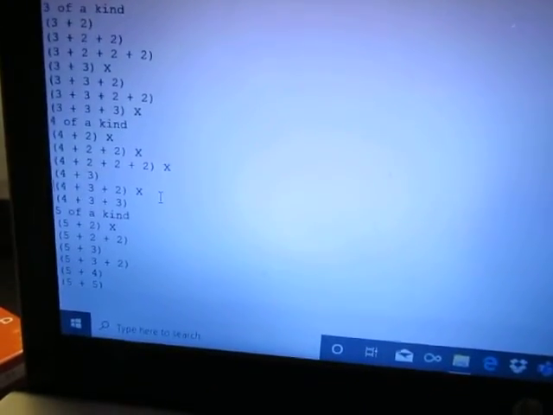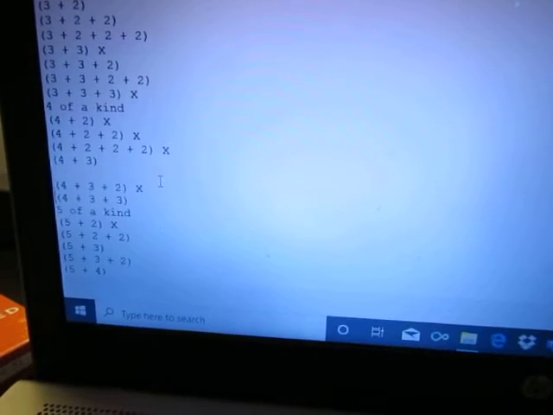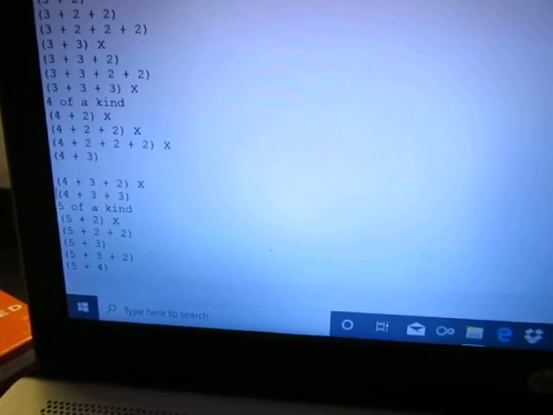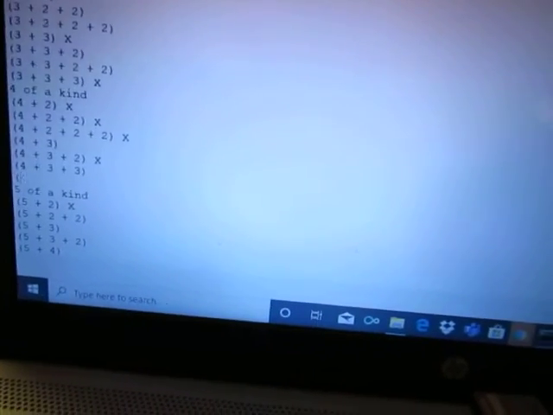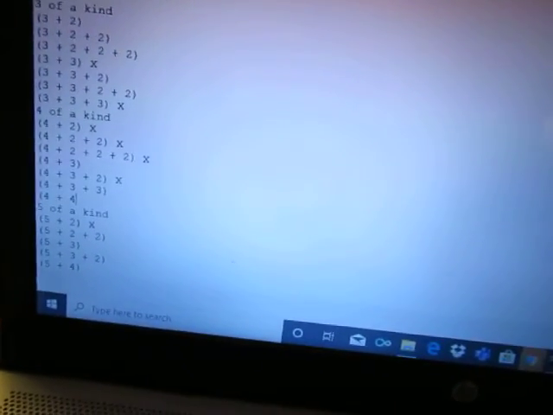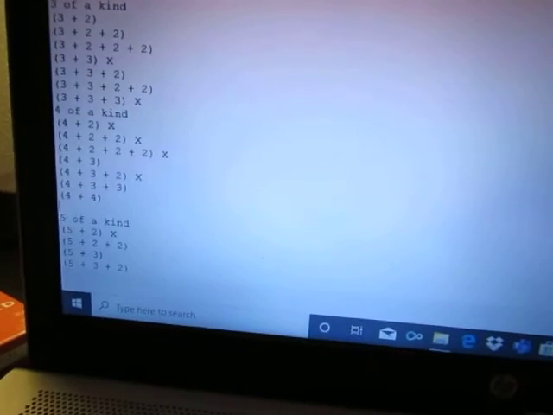Okay, there's another 4. So we got at least a 4 plus 3 now. Let's see our scoring. We haven't scored a 4 plus 3. We scored a 4 plus 3 plus 2. I can't remember doing that. Oh, actually, I think I'm missing a few. There's obviously a 4 plus 4. Hold on a second. That's why I needed to play a few rounds.